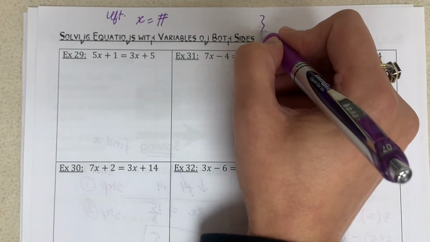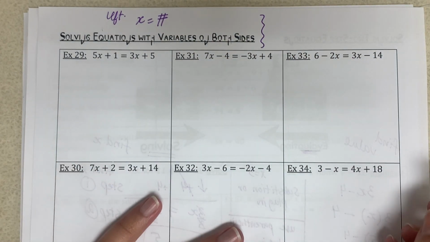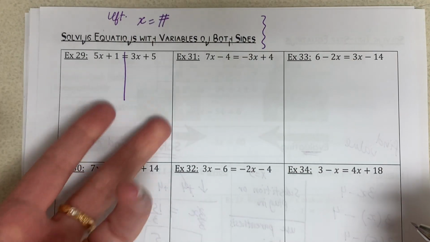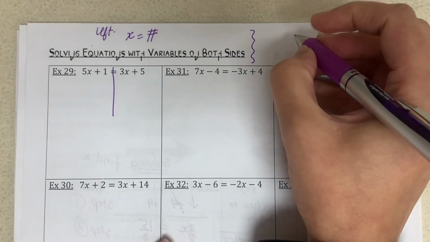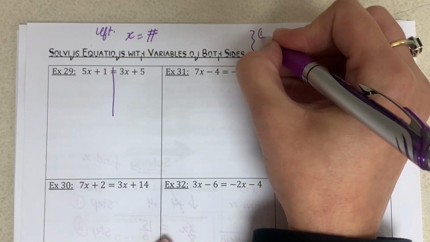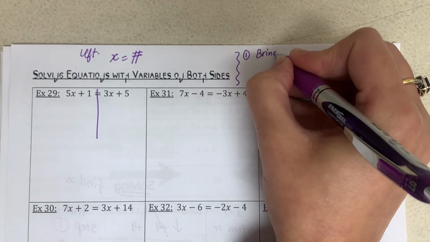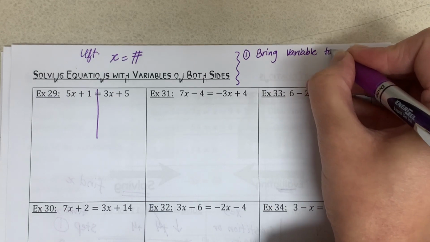So what I'm trying to say over here is we follow a process that makes your life easy. Well, you are going to draw the line because I have an equal sign over here. And then in step number 1, I'm going to bring the variable to the left.